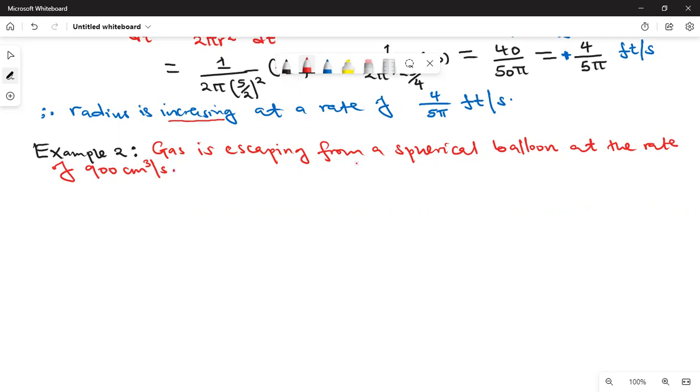You are asked how fast is the surface area shrinking when the radius is 360 centimeters.